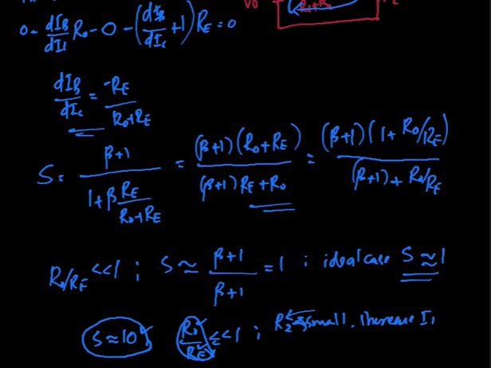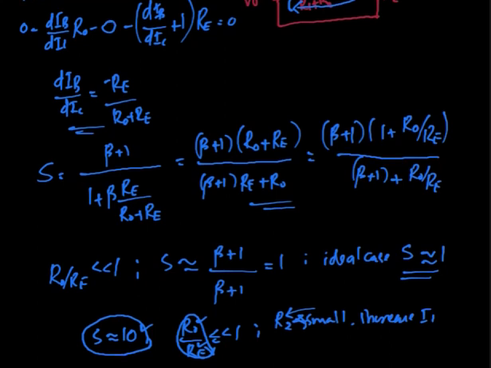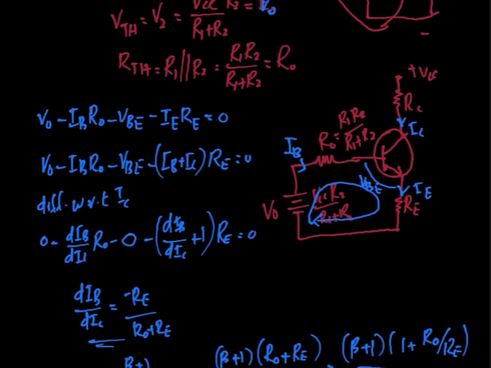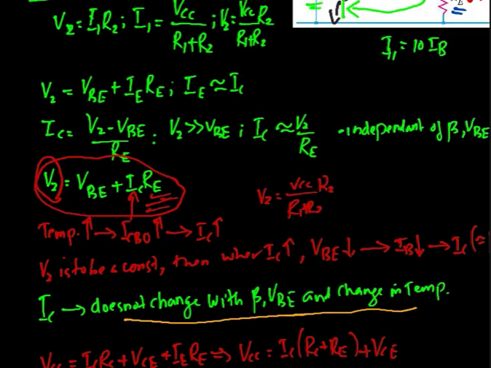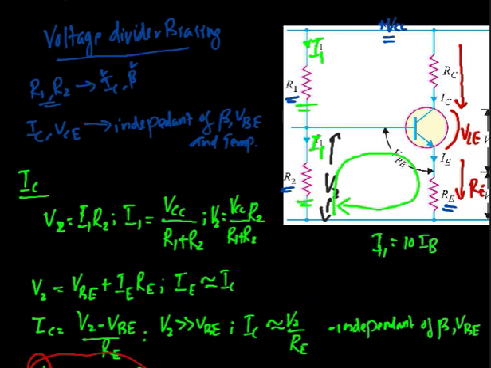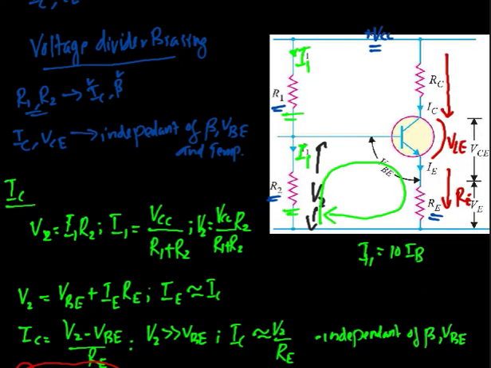Now to design a common emitter transistor amplifier circuit, let's go back to the initial diagram. That is the diagram for a transistor biasing circuit, where we need to determine R1 and R2. This R1 and R2 we can determine from here itself.